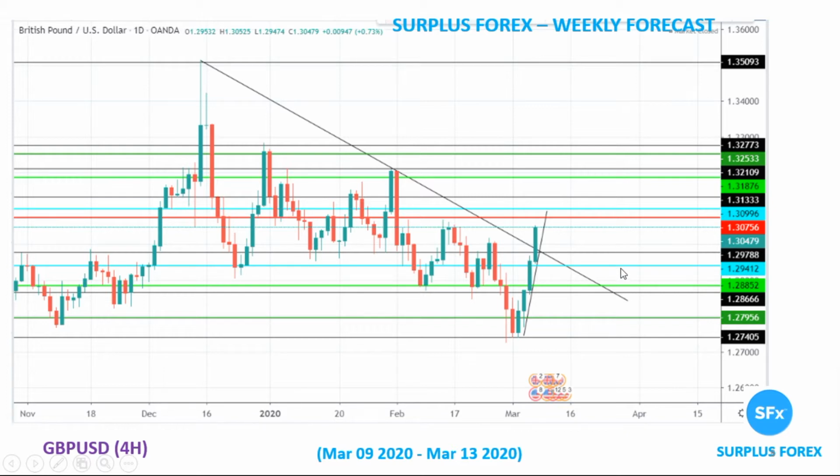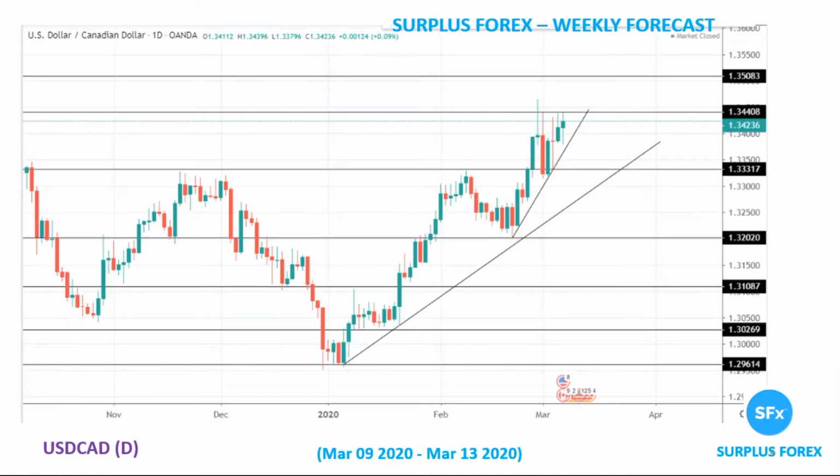I'll make my entry at 129.40, taking a very close short target of 128.85, and then the second target at 127.95. That's for GBPUSD.